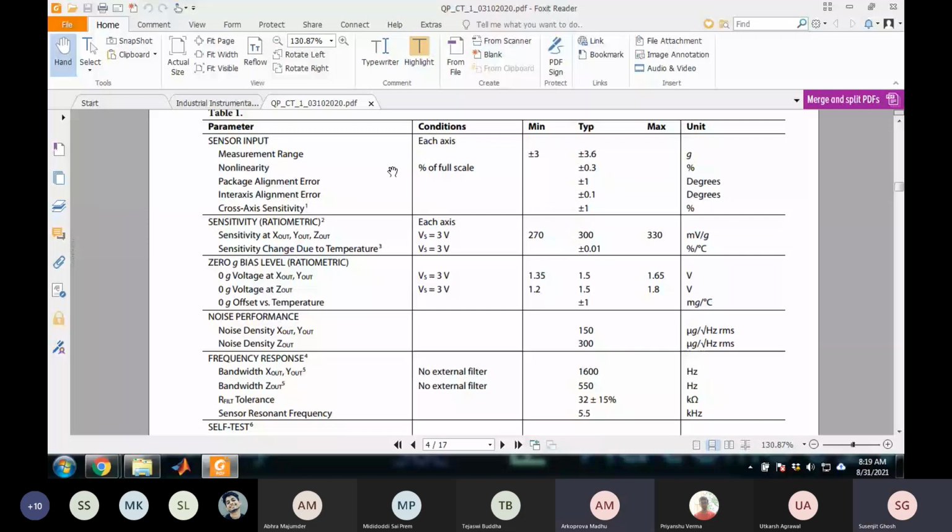It is written sensor input specification. So this is the input specification. Here the acceleration is the input and the output is in terms of voltage.